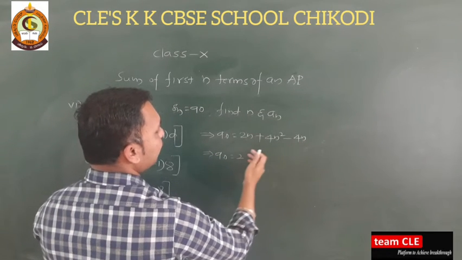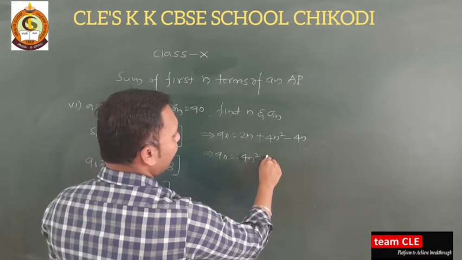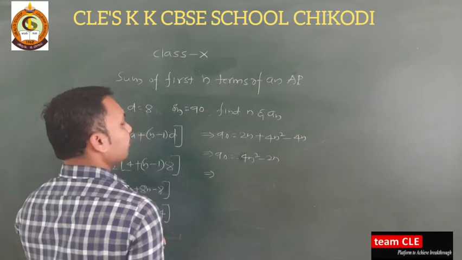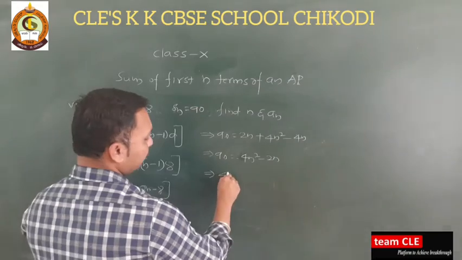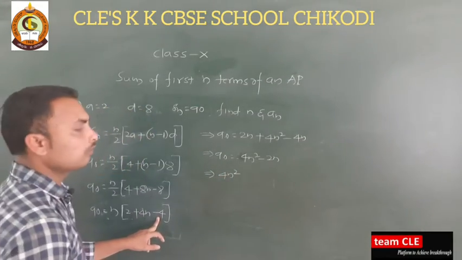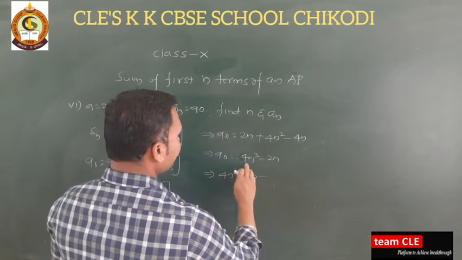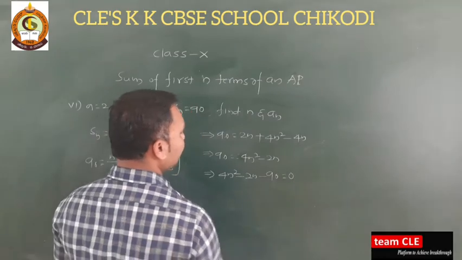So 2n minus 4n will get again, this is 4n square minus 2n. Well, yes. So next we have this is here 90. So we will arrange the terms. So this becomes 4n square minus 2n, and we can transfer this to this side. So this becomes minus 90 is equal to 0.